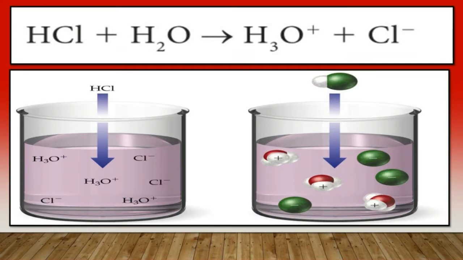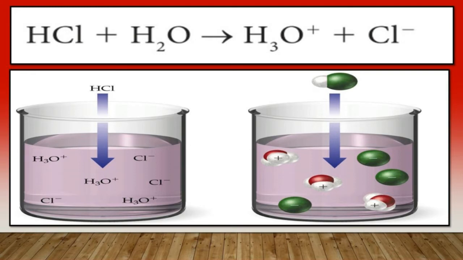Let us see what happens when an acid or a base is mixed with water. Do you know how acids produce ions? Yes. Hydrogen ions in hydrochloric acid are produced in the presence of water. That means the separation of H+ ions from hydrochloric acid molecules cannot occur in the absence of water.